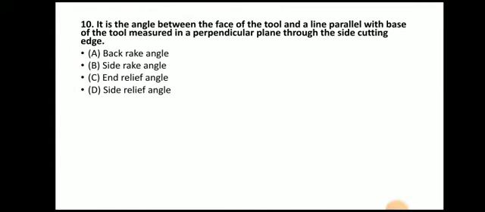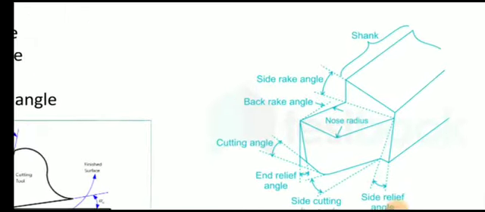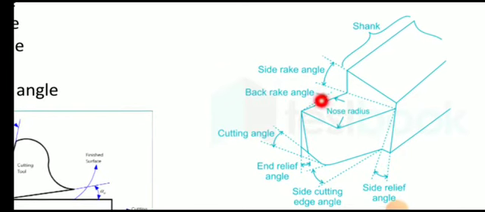Next question. It is the angle between the face of the tool and the line parallel with the base of the tool measured in a perpendicular plane through the side cutting edge. The answer is back rake angle. Here you can understand the back rake angle. This is nothing but the back rake angle.